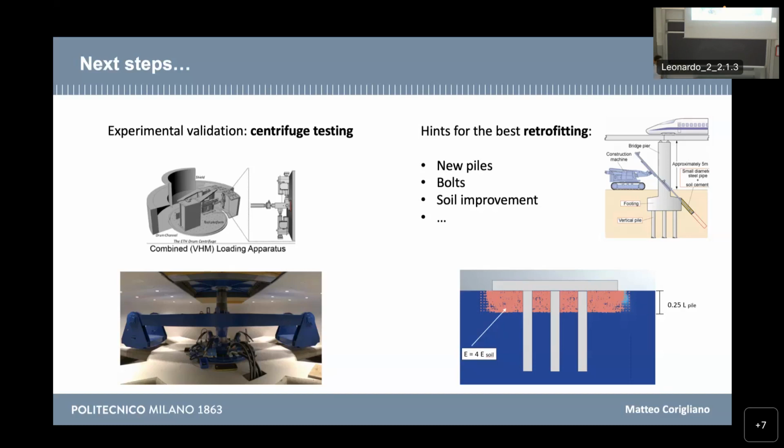So the next steps of my work are the experimental validation of my results, and also to complete the framework by introducing the information on the retrofitting, the best retrofitting.